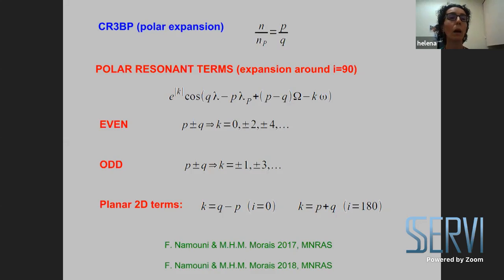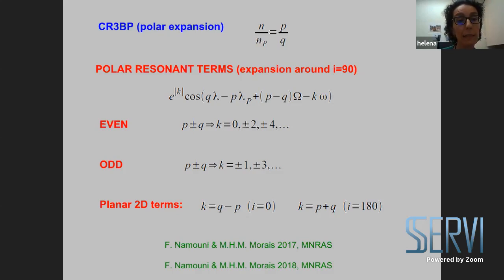Okay, so how do we study polar resonances? Again, we have to compute what are the appropriate resonant terms. And if we do that, we see that now they behave quite differently. Not only does the resonant argument change, but now the amplitude of the resonant term goes as the eccentricity to the power of k, where, if the resonance is even, k is even, and the lowest possible value is 0.